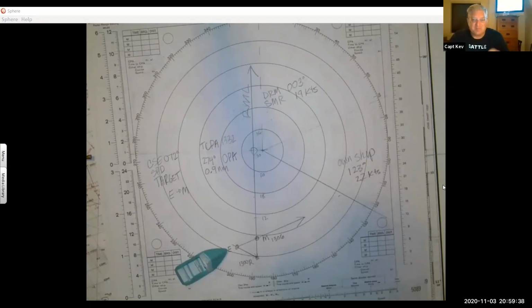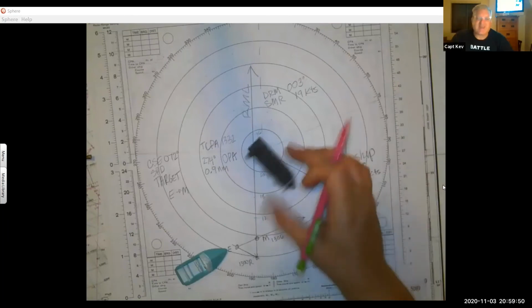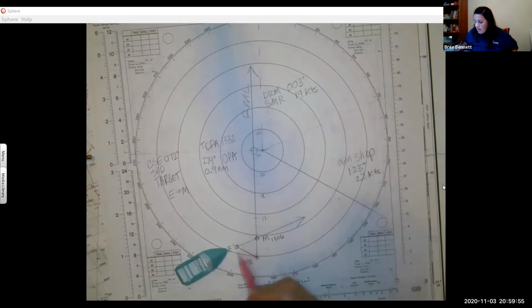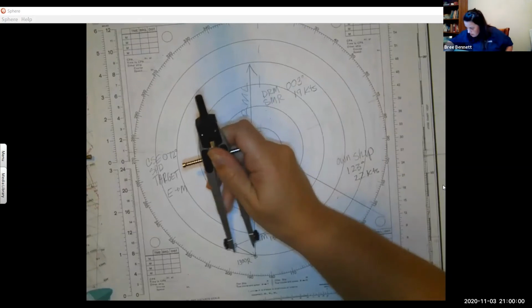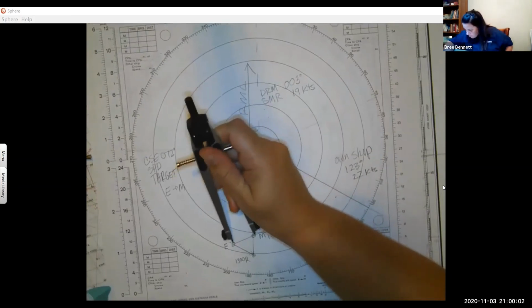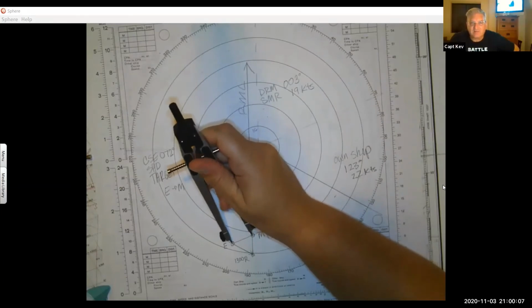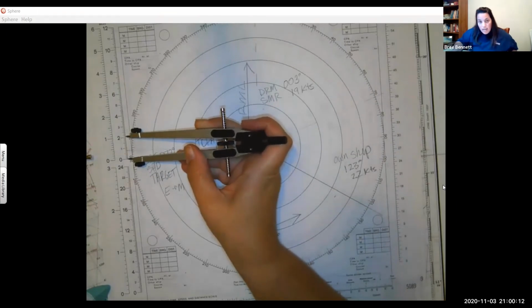Wait, is the boat them or us? The boat is them. Where's my other boat? That's us. Okay. Now I got it. Their speed, E to M, is 2.1.